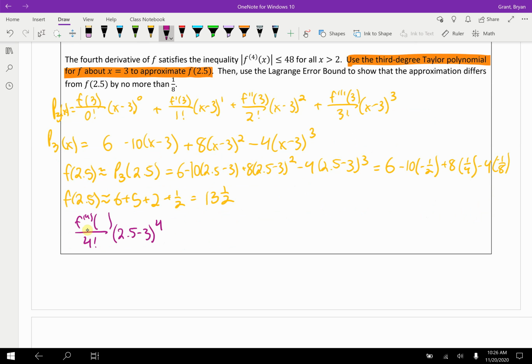So Taylor's theorem says if you can find the exact perfect number to plug into the fourth derivative, then that is the exact amount that this answer is wrong by.